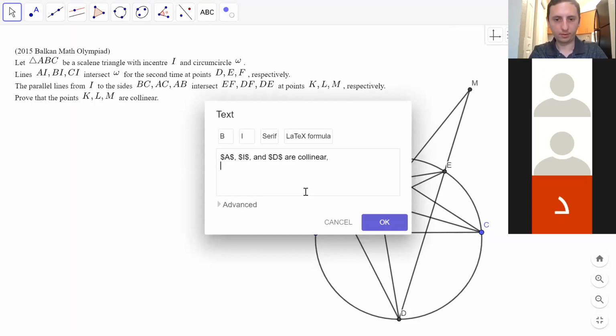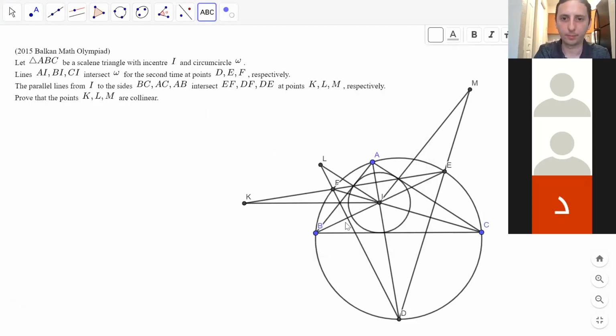BI and E are collinear, and CI and F. Well, actually, that's defined that way, so we don't even need to worry about that.